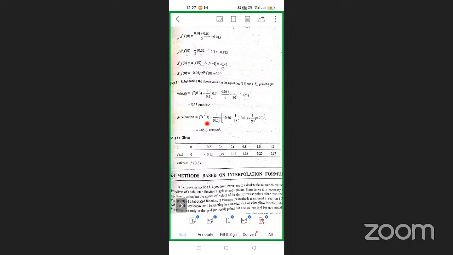Acceleration, f double dash of 0.3 is equal to 1 by h square.